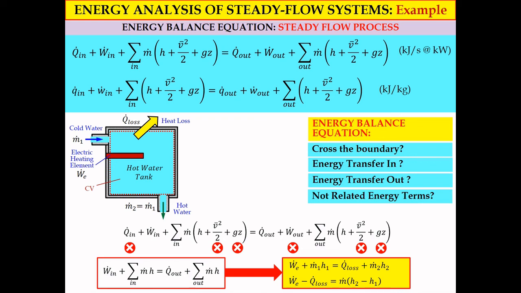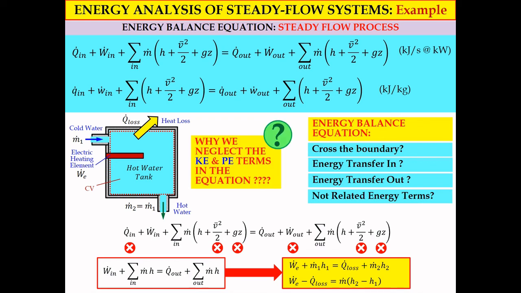Okay, so I have one important question. I want to know why we neglect the kinetic energy and also potential energy terms in the equation. Because if you look at the schematic diagram, at the inlet we have mass flow rate.